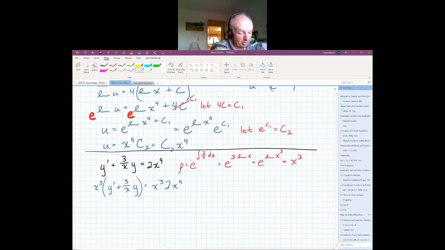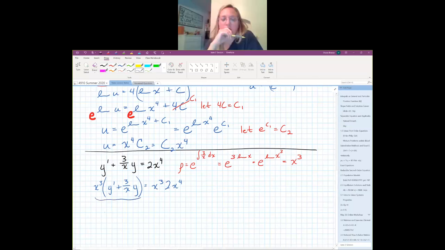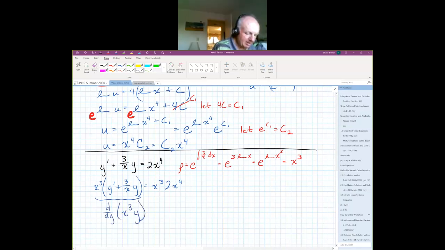Yes, that's what you're supposed to do. You multiply both sides by x cubed. And then you integrate, right? Yeah, because this side right here boils down to the derivative of what? x cubed y. So it would be y of x times x cubed. And then you just integrate the other side. Okay.